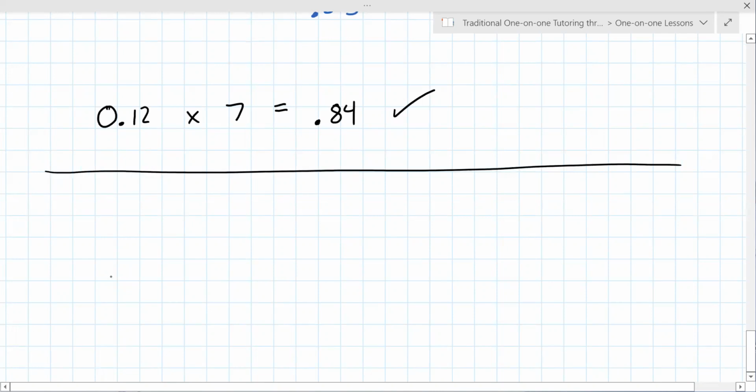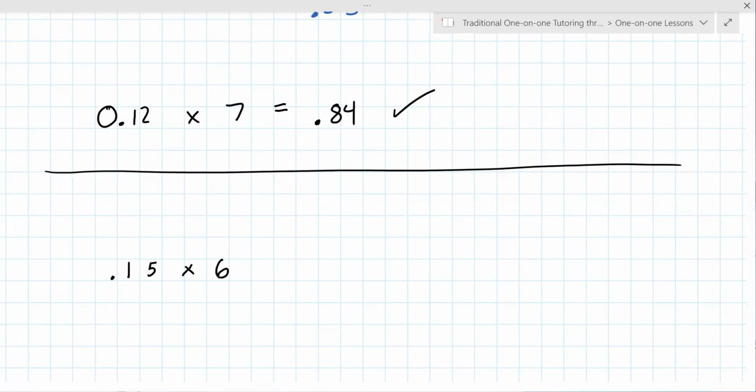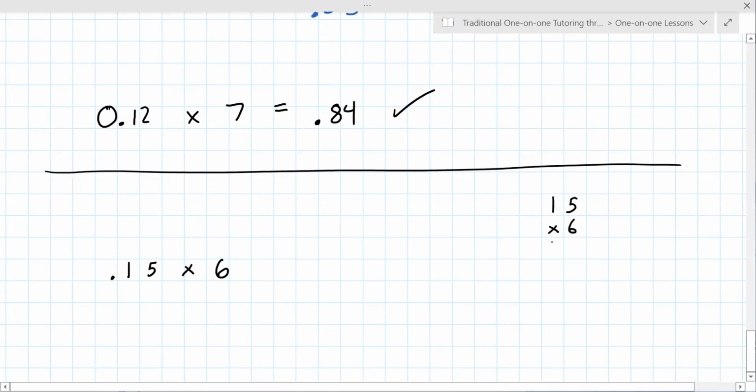Okay, now we can expand this to slightly bigger numbers. So let's do 0.15 times 6. Does your multiplication table have 15s in it? No, they only go until 12. Okay, so if you don't know the answer, you may have to come off to the right and do the 1-digit by 2-digit multiplication. So could you try that for me?